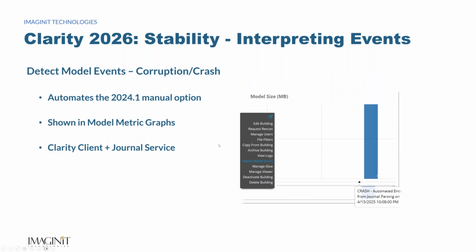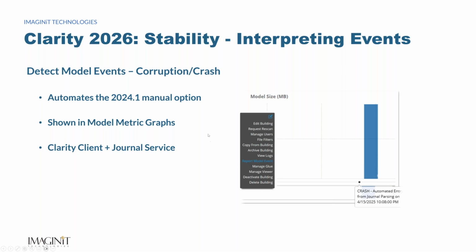One of the other enhancements that we added this release is gathering a bit more information from the journals that we acquire through the Clarity Client add-in. Now we are going to take those journals and not only interpret them for usage and add-ins and different items like that, we're going to use them for showing events in the model metrics graph.